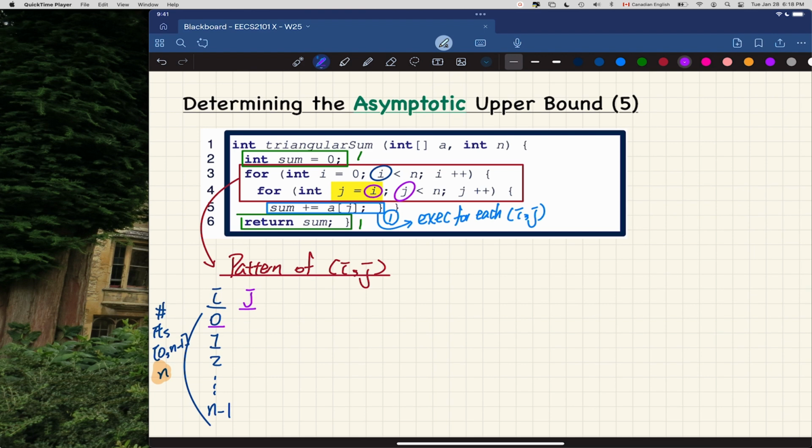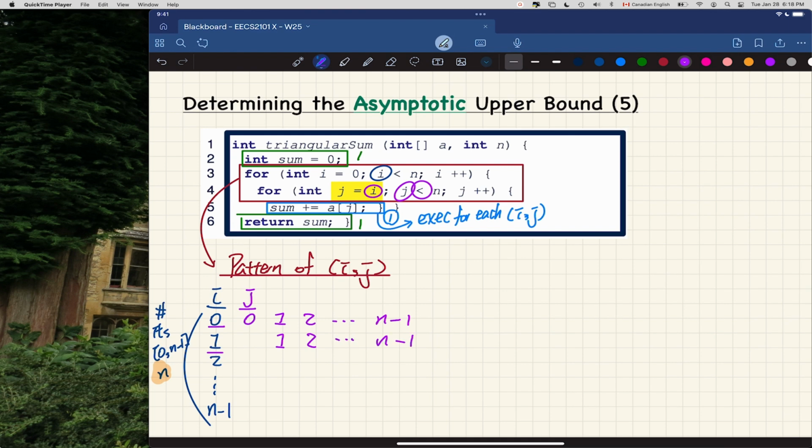In this case it will be 0, 1, 2, all the way to n minus 1, strictly less than n. And what about when i is equal to 1? Start with 1 all the way to? Yes, exactly. The upper bound doesn't change. It's really the lower bound that changed. Very good. So it's going to be 1, 2, all the way to n minus 1.